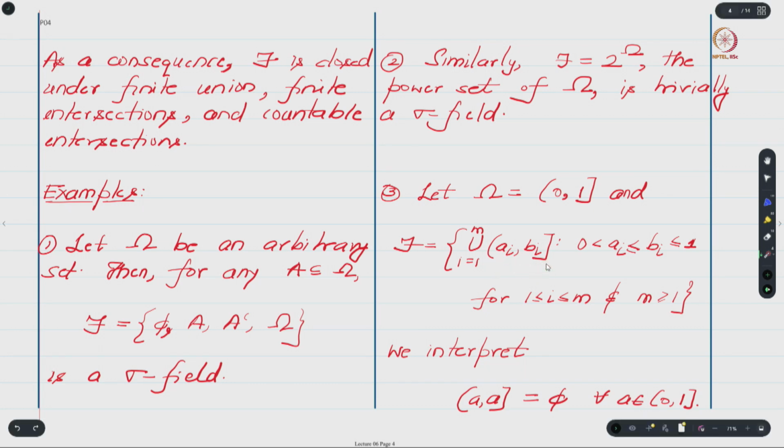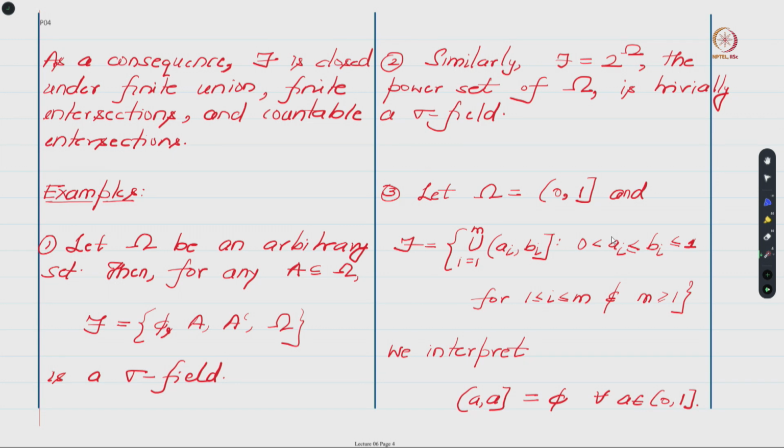Each interval over here is open from the left and closed from the right, and you take a finite union of them, and we require that for each i, your a_i be strictly bigger than 0 and b_i be less than or equal to 1 and a_i be less than or equal to b_i. Is that okay?